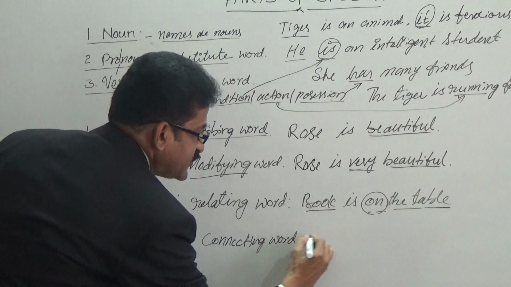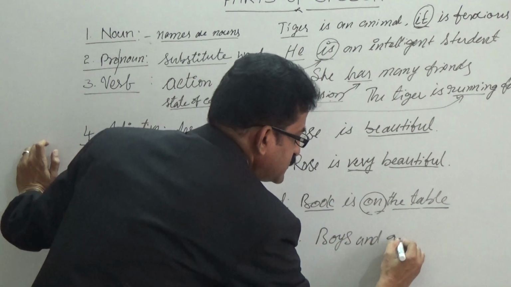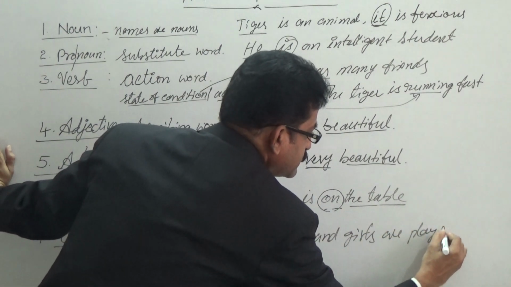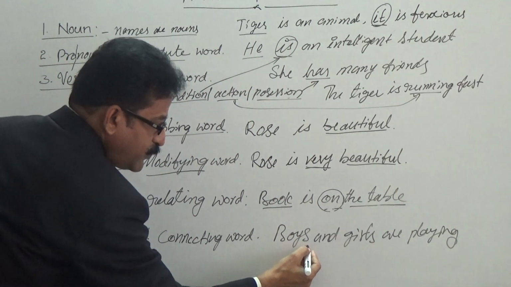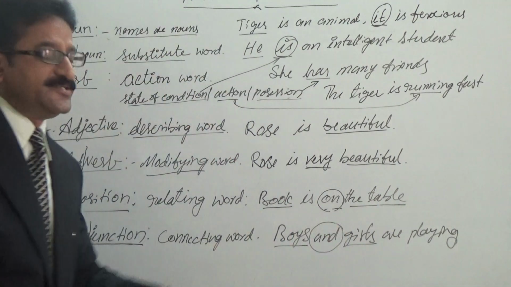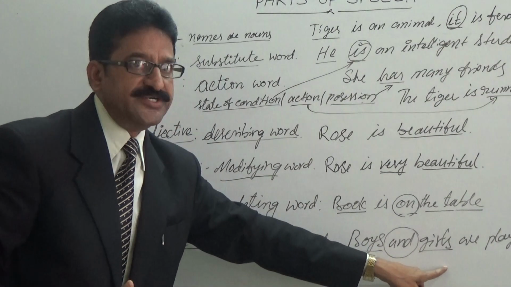For example, boys and girls are playing. Here two words, boys and girls, are connected by "and". This "and" is called a conjunction. It is joining two words.